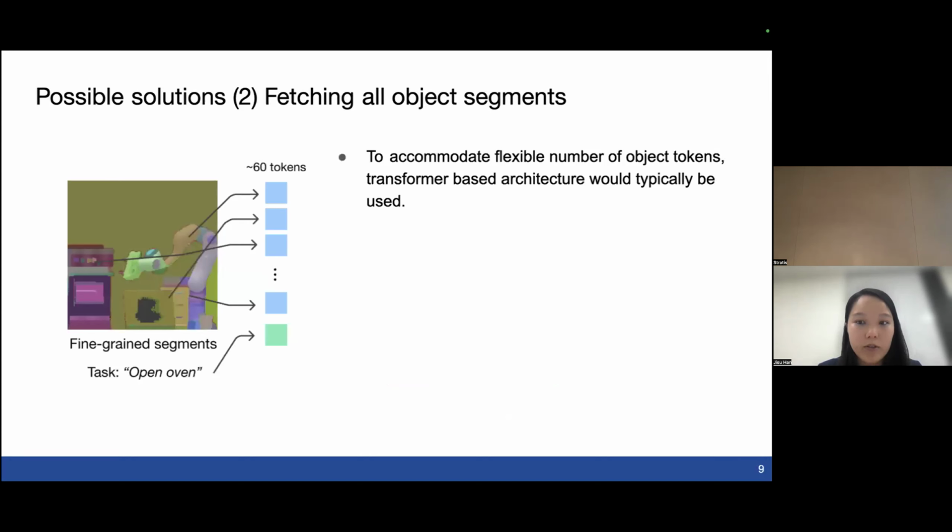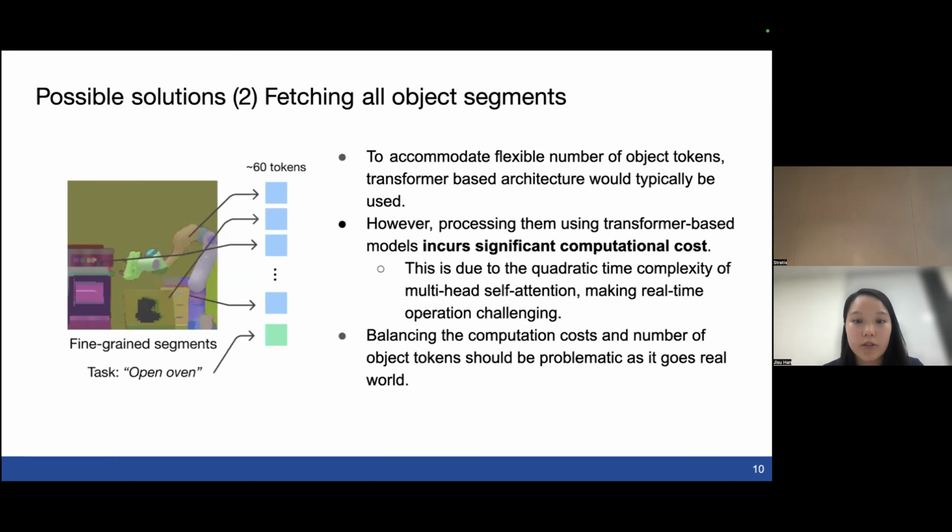If we want to consider fine-grained levels of objects, which would be different in each scene, we have to use a transformer-based architecture. As you can see in the left figure, each segment can be encoded as a token, and this would be a huge amount of tokens in the real world.